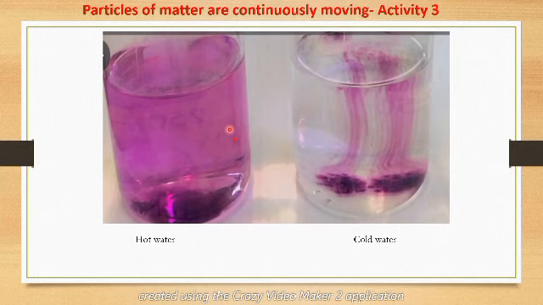In other words, the particles of hot water are moving faster than the particles of cold water. When the particles of hot water are moving faster, then the potassium permanganate crystals can occupy the space between the particles of water easily. That's why the hot water has been colored earlier than the cold water.